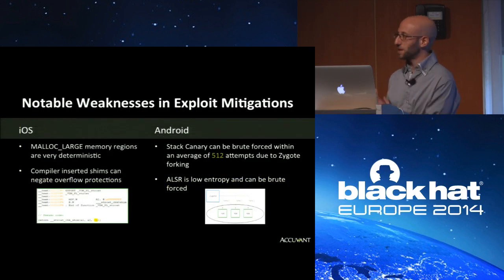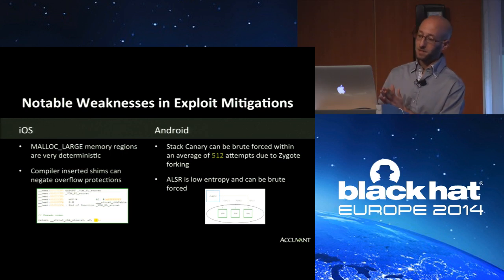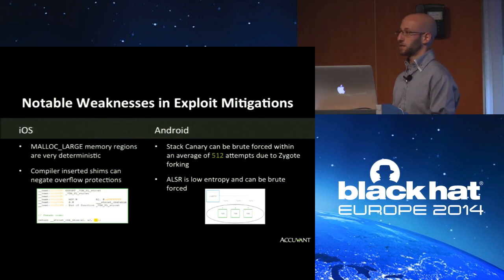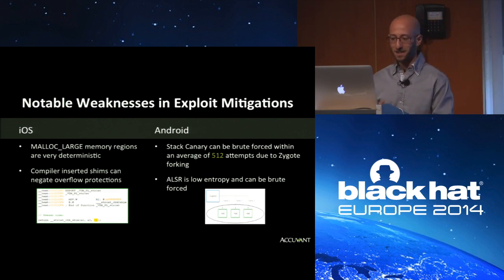So a couple of the interesting weaknesses I found while working on this: on iOS, the malloc large memory regions are very deterministic. Pretty much you can watch the allocations happen and know where they will be. And that makes for very interesting times. Also, bottom picture, I don't know how well you can see it, again I apologize.